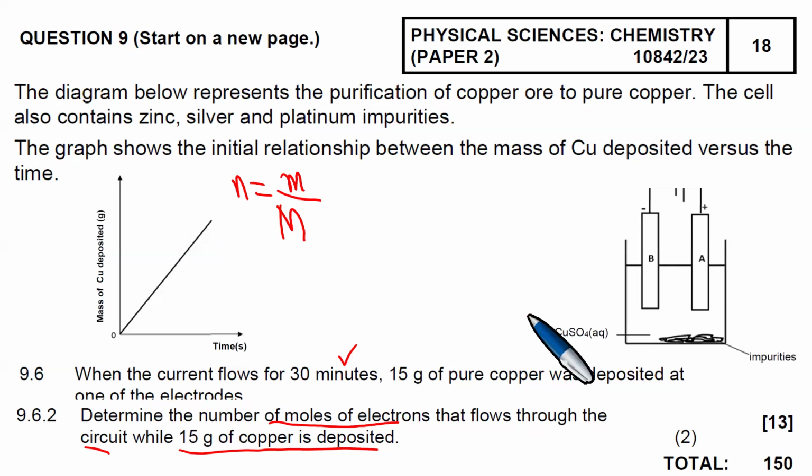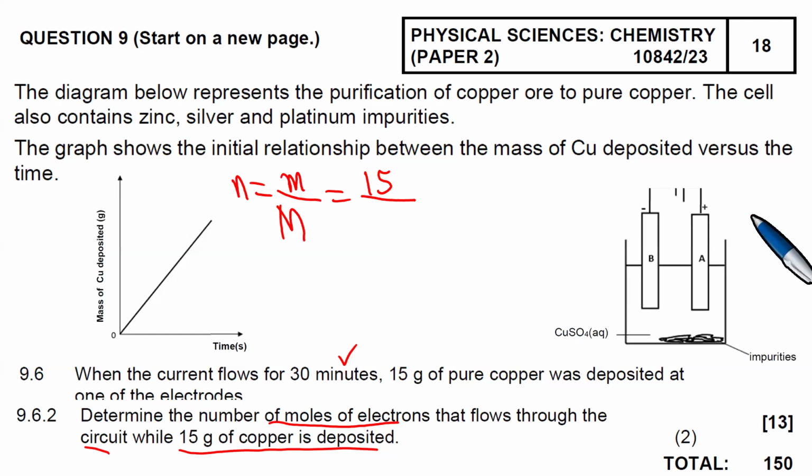They gave us the mass of copper, which is 15 grams. Just write 15.